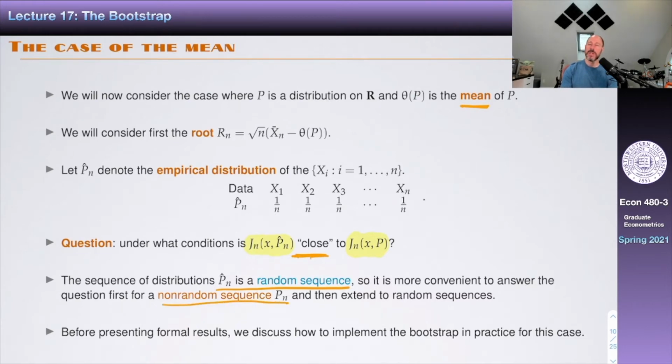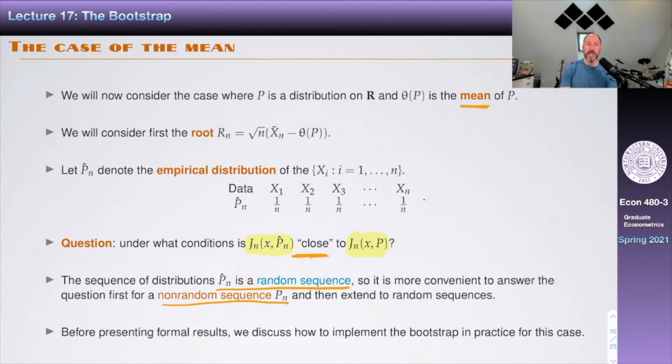We're going to just artificially define a non-random sequence of distributions Pn, and we're going to prove that if we could sample from this artificial Pn, then the Bootstrap using Pn would work, okay? And Pn would not be random. The proof really simplifies. And then the second part of the argument is going to be that the empirical distribution P hat n is essentially satisfying all the requirements that we impose on Pn almost surely. And that's it. So you split the proof in two.